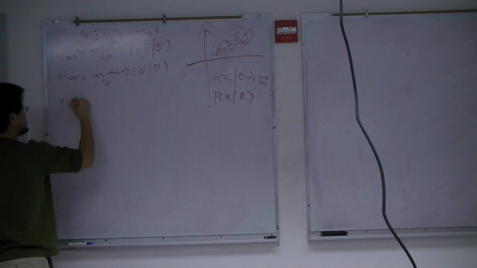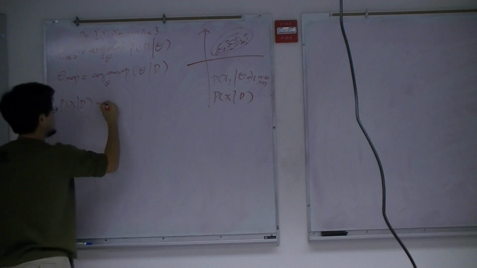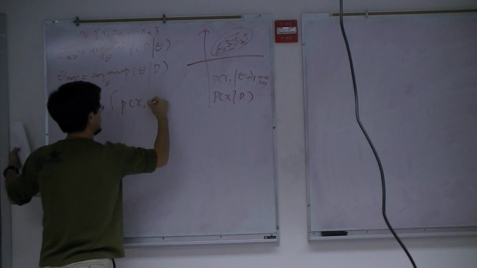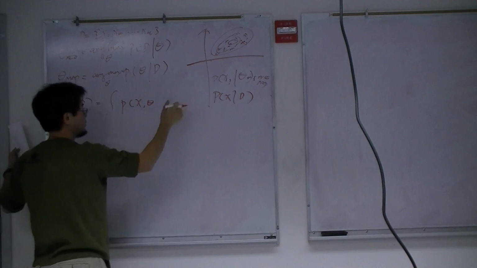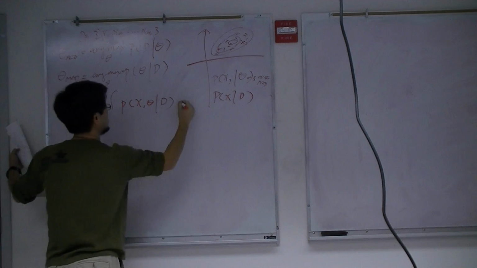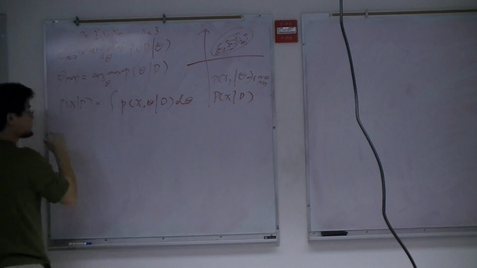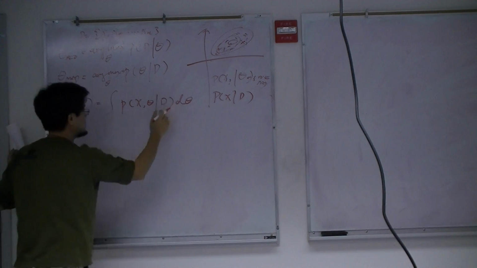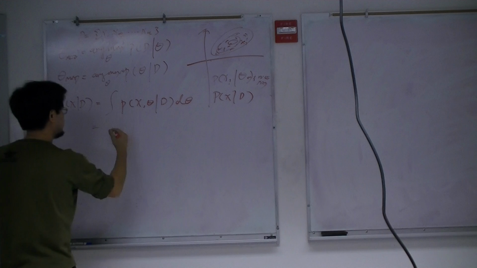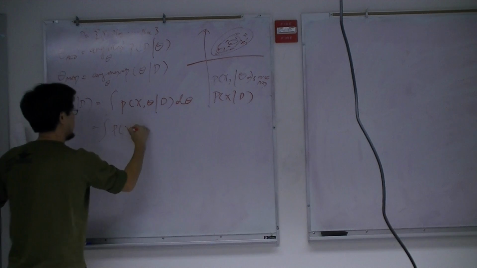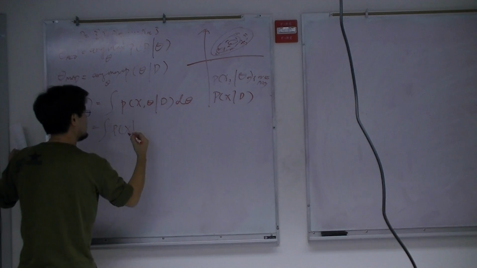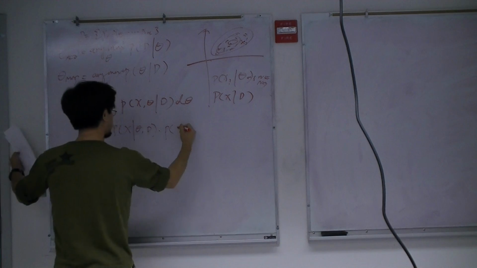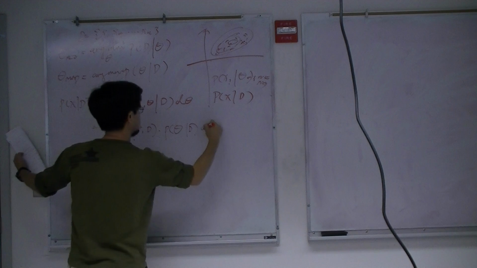This p(x given D) is equal to the integral of p(x, theta given D) d theta, where theta is the parameter of the distribution. This just marginalizes over all possible parameters theta. This is equal to p(x given theta, D) times p(theta given D) d theta.